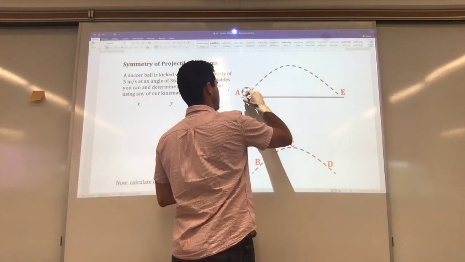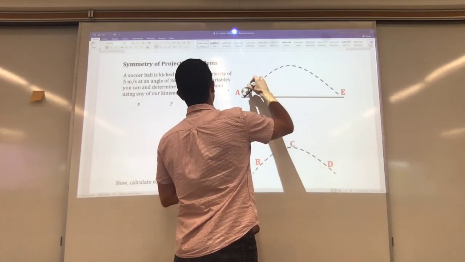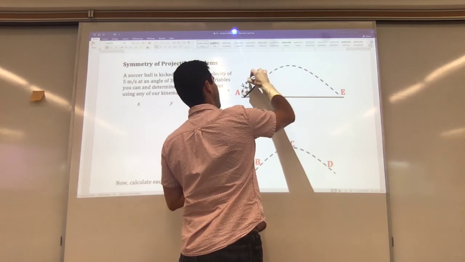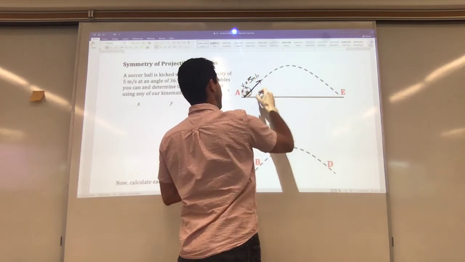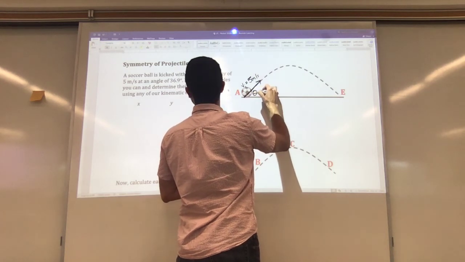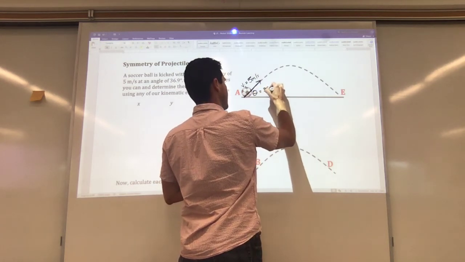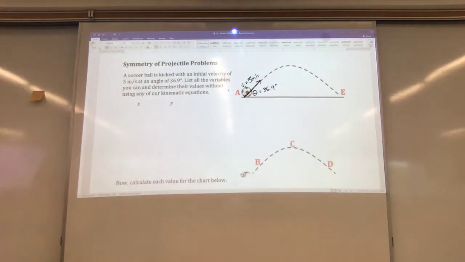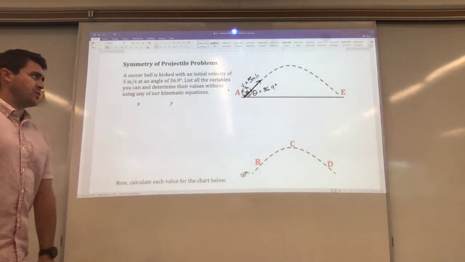So here's my angle. There it is. It's kicked with an initial velocity equal to 5 meters per second. There's my angle, which I know is 36.9 degrees. List all of the variables you can determine their values without using any kinematic equations.